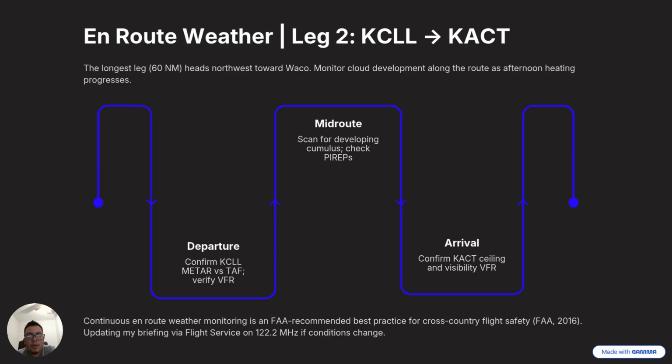And then upon arrival, just double check the ceiling that it is still VFR, but we should be good with that as well. When gathering the weather, if I don't find any ATIS frequency nearby for any airport, I just tune into 122.2 for flight service to confirm everything. This is pretty much what the Weather Handbook recommends as well.